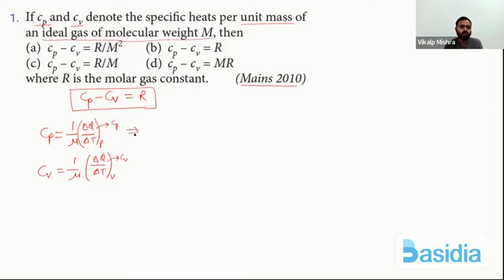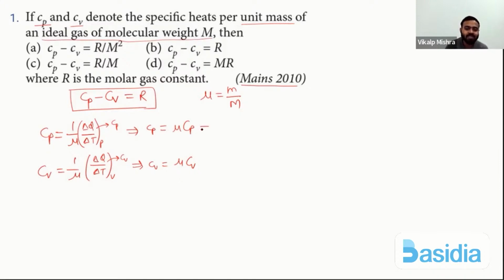So from here we can write small Cp is equal to what? Small Cp is equal to mu capital Cp, and here small Cv equals mu capital Cv. And we know number of moles equals mass upon molar mass or molecular weight.